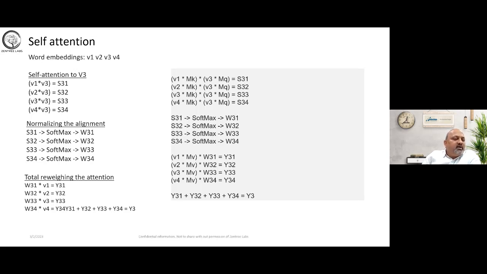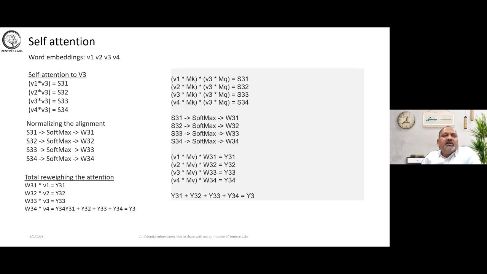You compute that as a dot product. S31 is the dot product between word vector 3 and word vector 1. Similarly, you have the projections of V3 onto every other word vector. Obviously, you can expect S33 to be the stronger value because it is aligned onto itself.